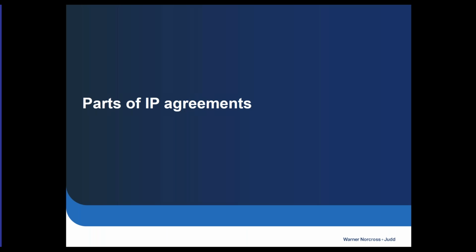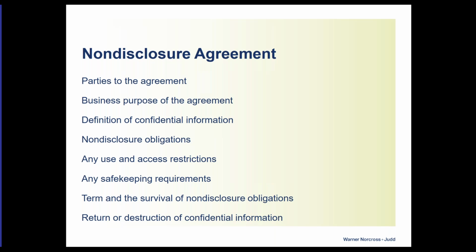And the next part relates to breaking down IP agreements. Now, all of these agreements have various parts. I'm going to hit on the most common parts of the agreements and some agreement parts I think are very important for these agreements as well. So with non-disclosure agreements, of course, we're going to see the parties in the agreements, defining who the parties are.